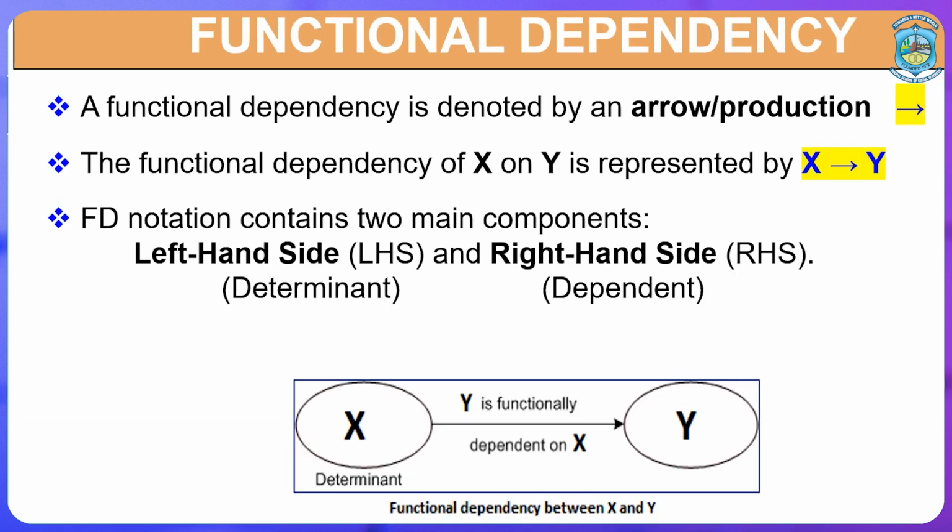The left hand part is called the determinant and the right hand part is called the dependent. The dependent variable is dependent on the value of the determinant variable. Here X is the determinant, and the value of Y is functionally dependent on the value of X. Hence, this is represented as the functional dependency X → Y.